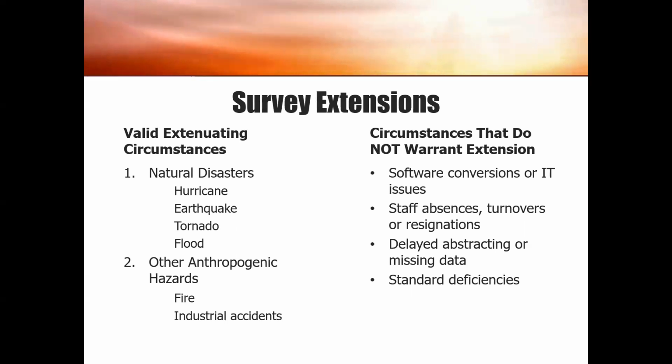And 2, other hazards such as fire or industrial accidents. Circumstances that would not warrant a survey extension would include software conversions or information technology issues, staff absences, turnovers in those positions, or resignations, delayed abstracting or missing data such as current follow-up, and standard deficiencies.